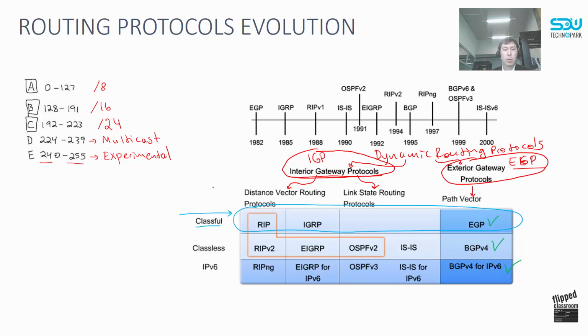Let's continue. Those protocols which have the classification as classful routing protocols were able to work only with classful addresses. It means that if you want to configure router 1 with the RIP protocol, then you have to be sure that your network addresses are going to be, for example, like this. If you have an IP address starting with 10.0.0.0, then its prefix will be 8.